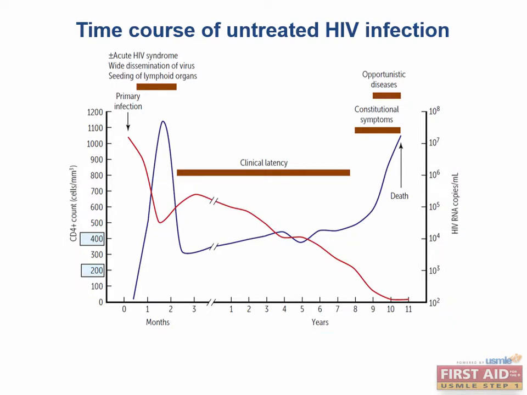However, if we look more closely at the graph, we notice it isn't a linear or exponential change in the viral load and CD4 count over time. There are some peaks and valleys that illustrate some important concepts. The first thing we notice is that there is an acute and a chronic HIV infection. The acute infection involves a viral load increase exponentially, as seen here, with dissemination of the virus and the seeding in lymphoid organs.